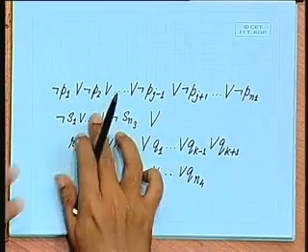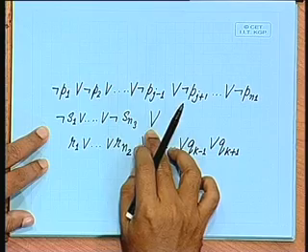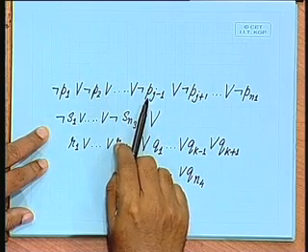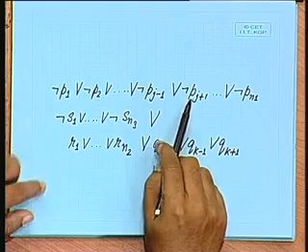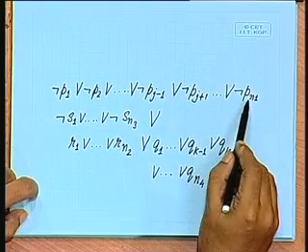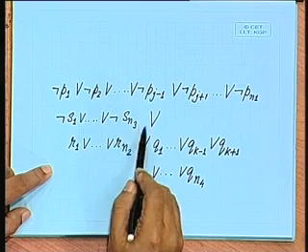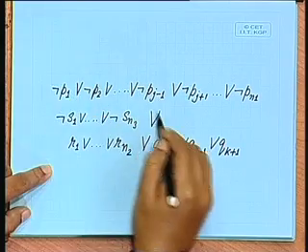Now, if we translate this back into implicational form, then we will have the conjunction of P1 through Pj minus 1, and then Pj plus 1 through Pn1 and S1 through Sn3 will imply this whole thing.